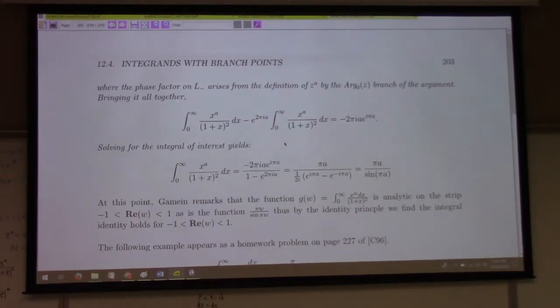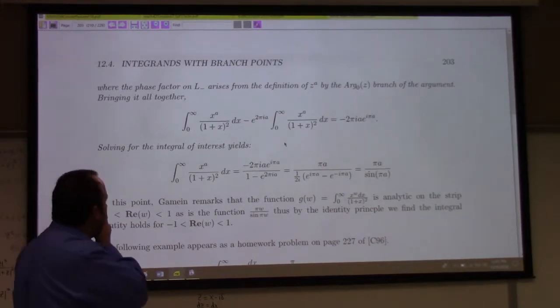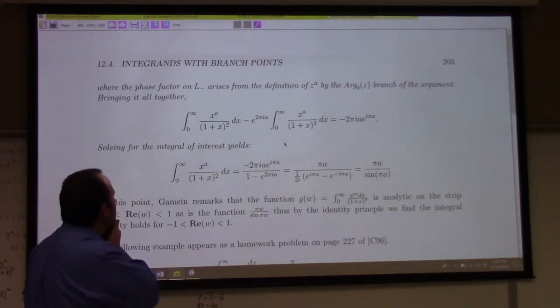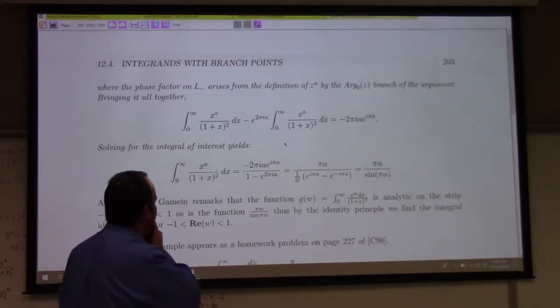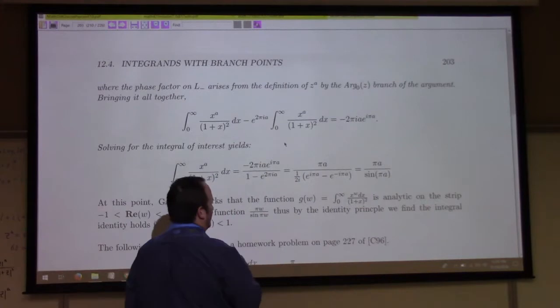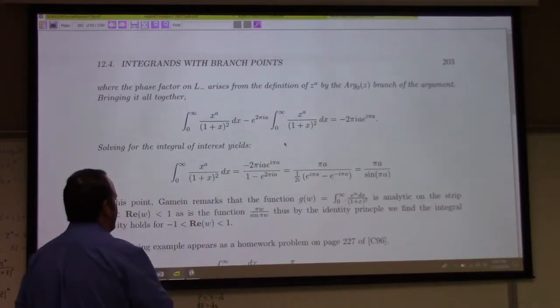So my idea to expand this out into sine and cosine was premature. I should have just left it.